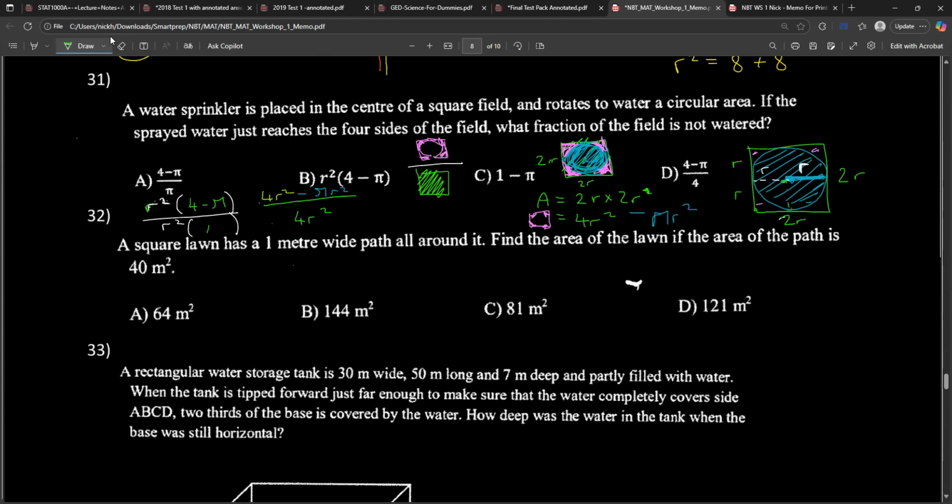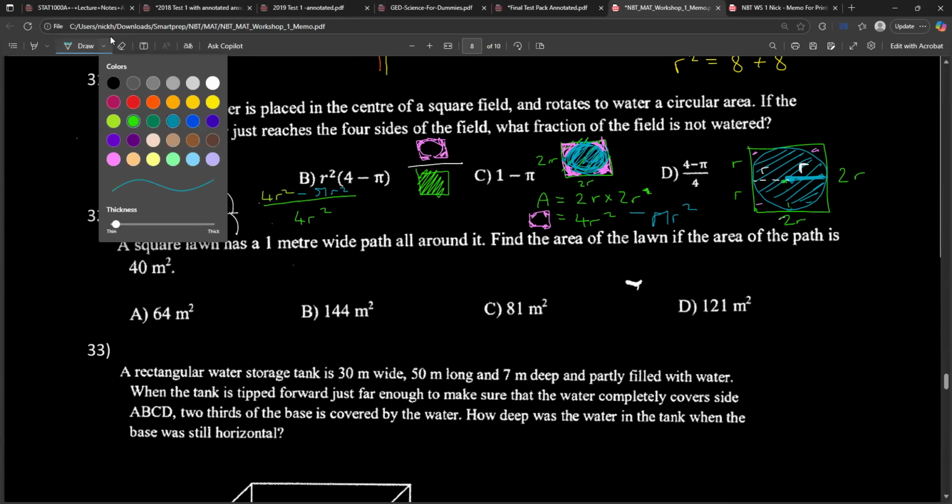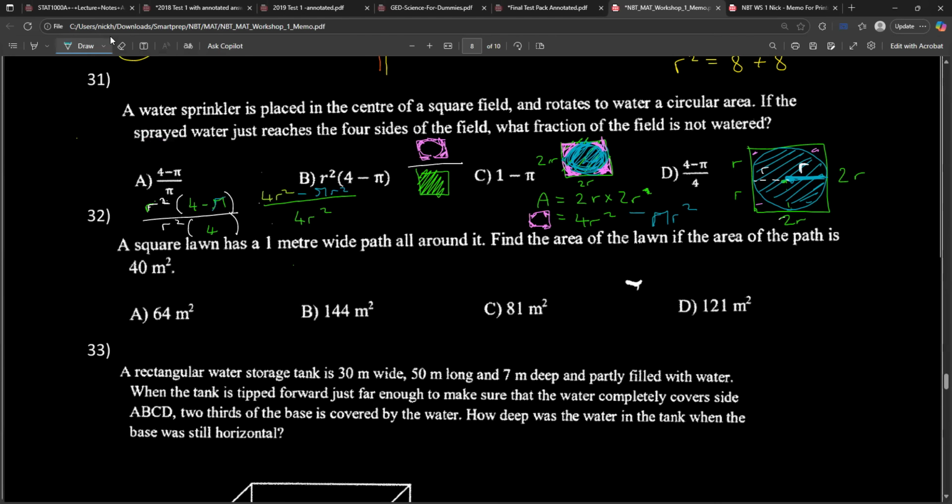And the bottom, I've just got 4. Okay, the pi should be in blue, just to show what's coming from what. And I get D. So that answer is D once I cancel the r squareds.